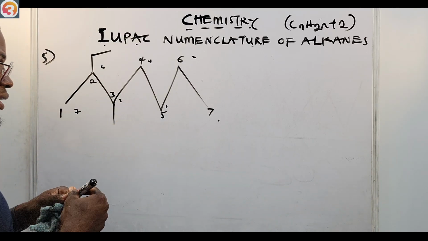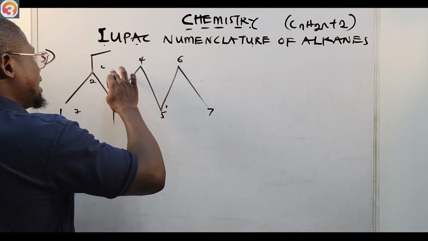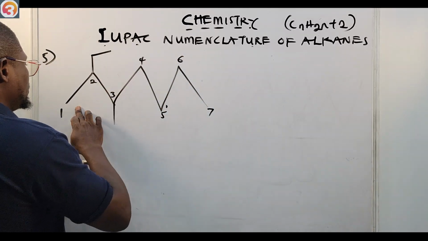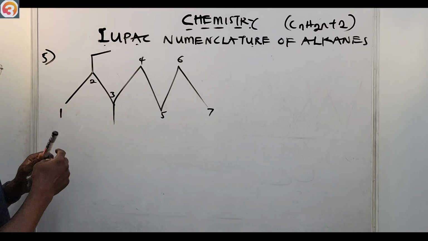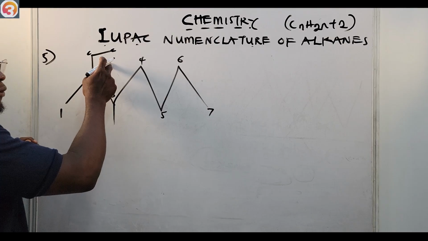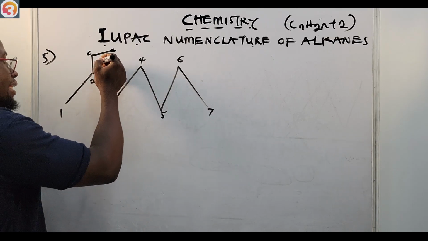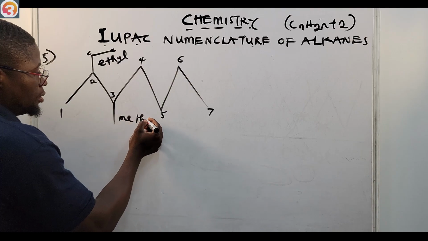So definitely know that numbering from left to right will be more correct than numbering from right to left. Okay, so we have that. Let us name it. Here it's not propyl rather, it's an ethyl group, 2 carbon atoms, right? There's an ethyl group here, then here there's a methyl group.